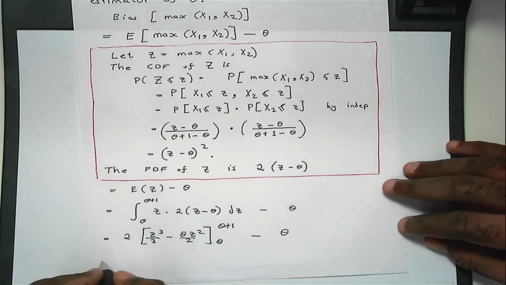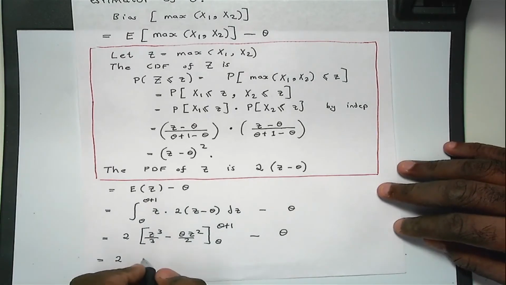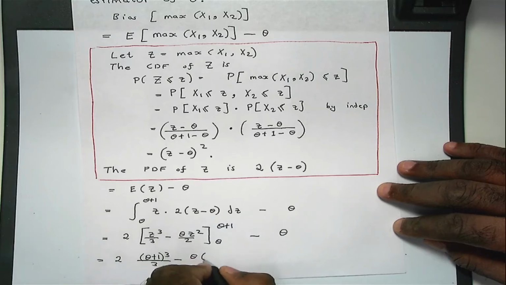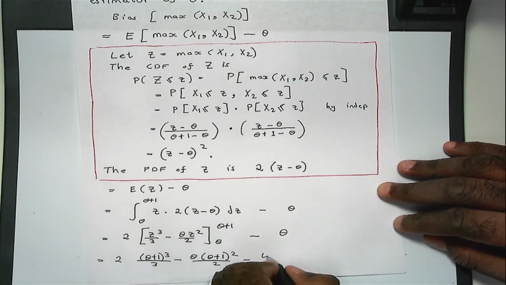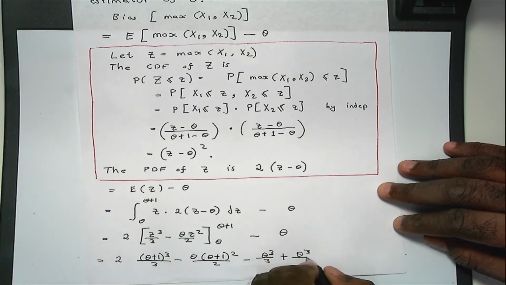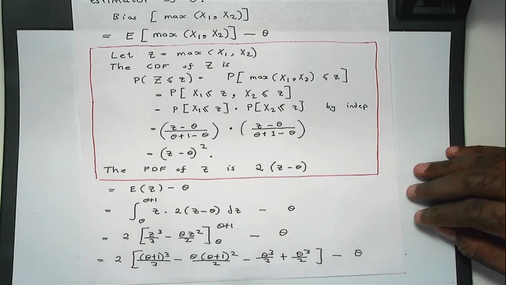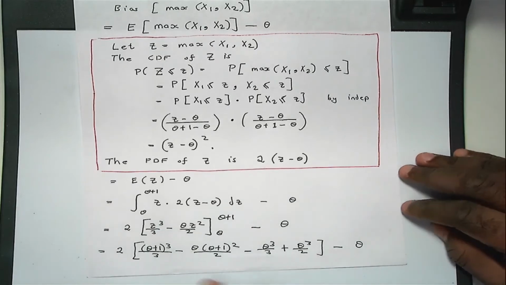Now, the limit at theta plus 1 is this, and the limit at theta is this, and clearly you should work this out.